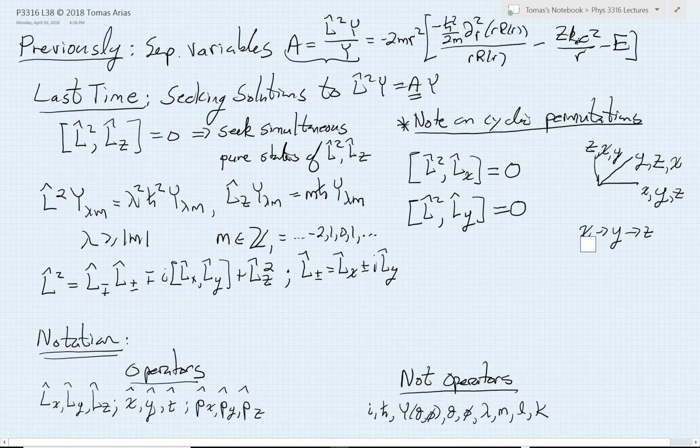And you'll notice there's a pattern where I keep moving forward. The z-axis, though, wrapped back around to the beginning, to the x-axis. So it makes kind of a cycle like this. And so this kind of relabeling of your axes is called a cyclic permutation.